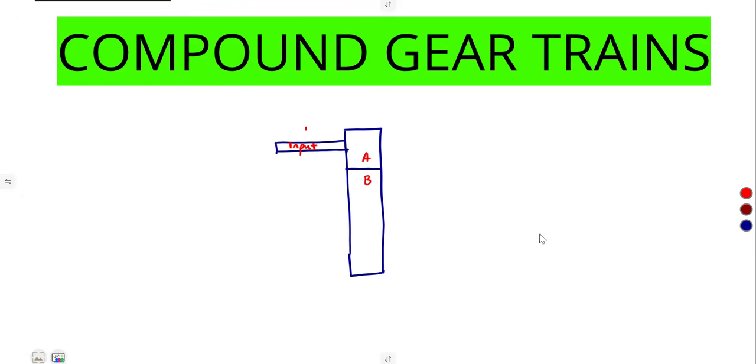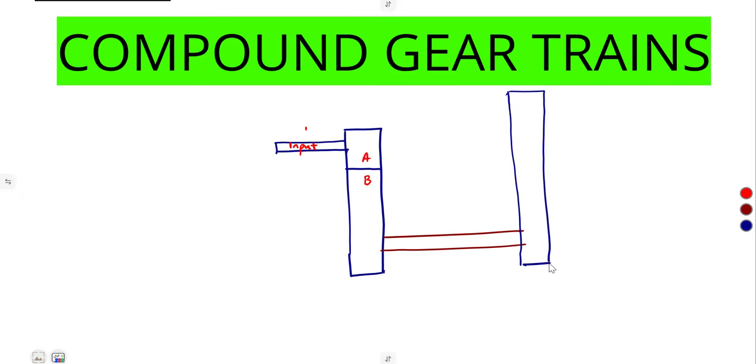So in between here, we'll have an intermediate so that we can have gears C and D. This will be our case, connected through the intermediate, so that we now have gear C and gear D through the intermediate.